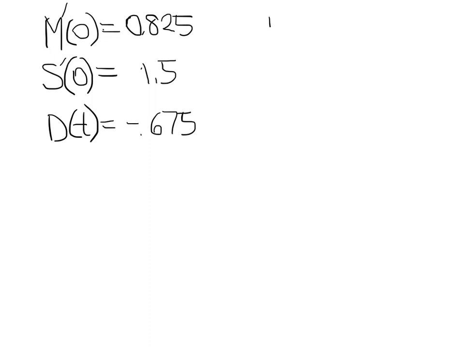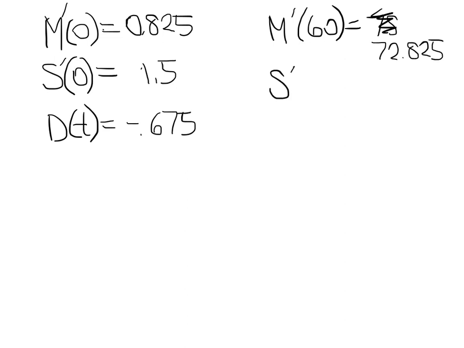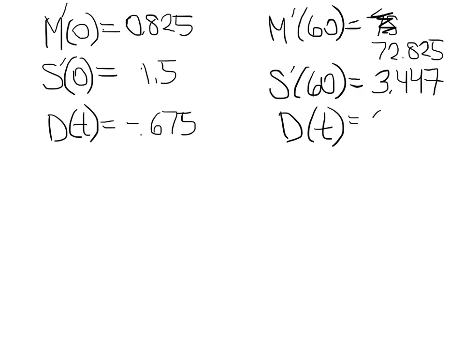Now let's look at the rate of change at 60. When we substitute 60 into the function for m, I would get 72.825. And then when I substitute into the function for s, I would get 3.447. Now when I subtract those, the difference is 69.337.